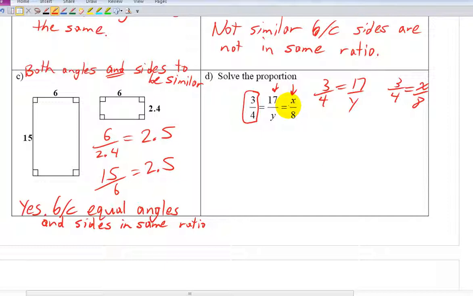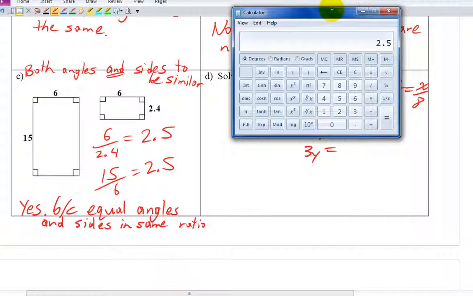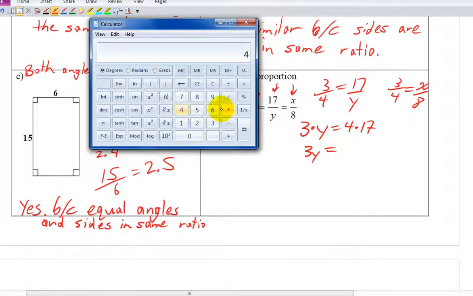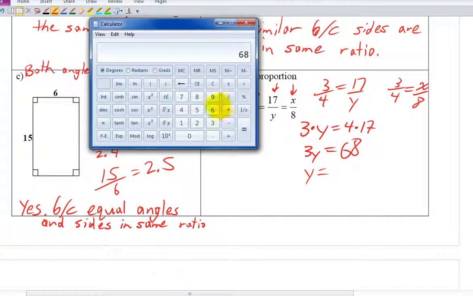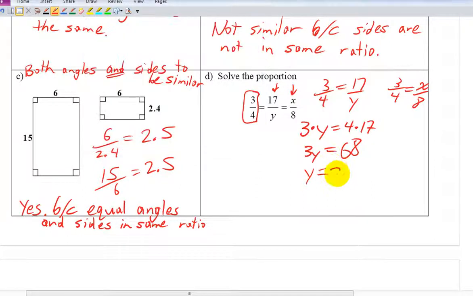Okay, good. So get y out of the basement. 3 times y equals 4 times 17. So 3y equals 68. 22.6 repeating. So we'll round it to 22.7.